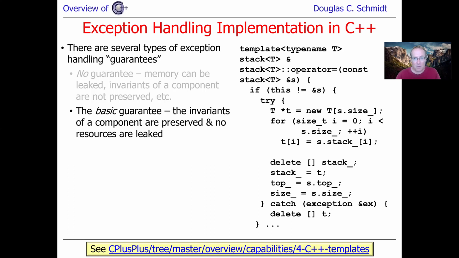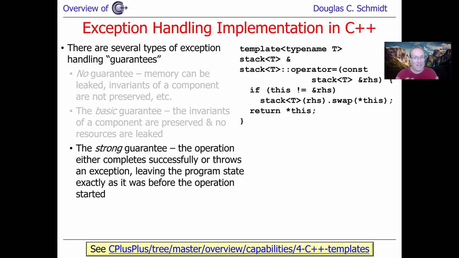Now, this isn't a bad approach, and in fact, this is often the core level of exception guarantee that most people come to know and love. So if for no other reason, get accustomed to writing basic exception safety guarantee code. But we can do better, and it turns out it's not very hard to do better. In fact, we can actually do a lot better.